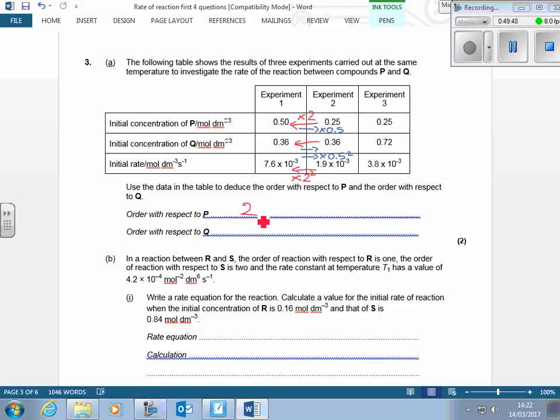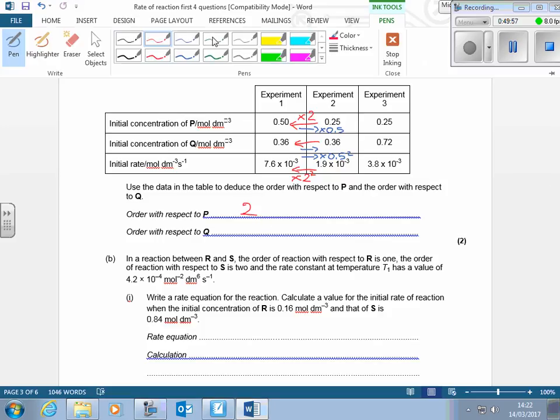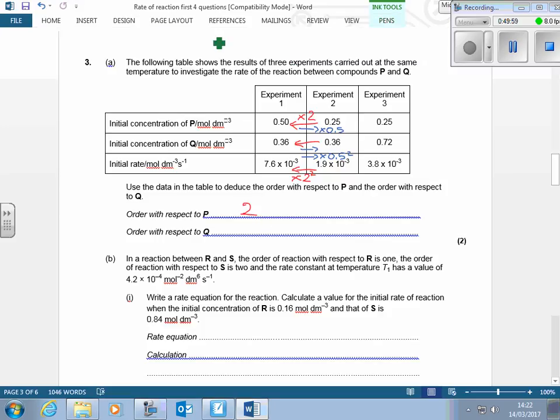With respect to Q, I think it's a bit more straightforward. I could do with another colour for that. Green's the only other one I've got easily. If we're looking at the order with respect to Q, we've got to keep P constant. Well, that's constant between experiments 2 and 3 or 3 and 2, whichever works. It doesn't matter.